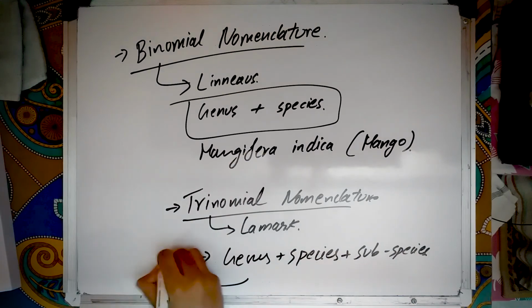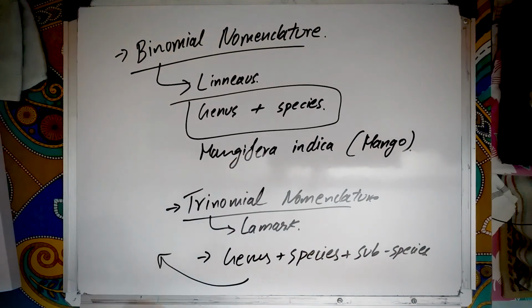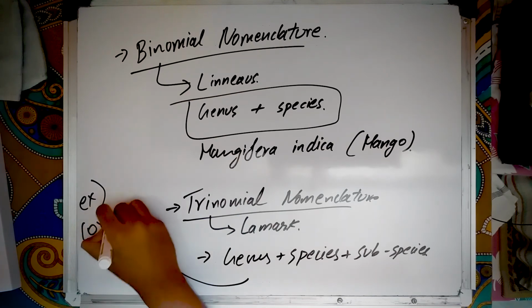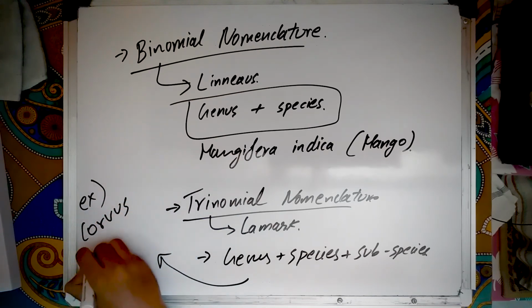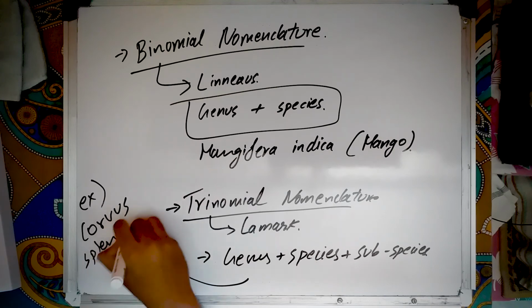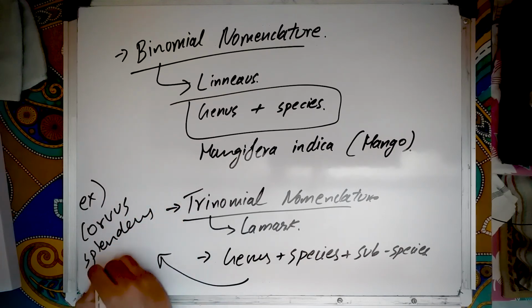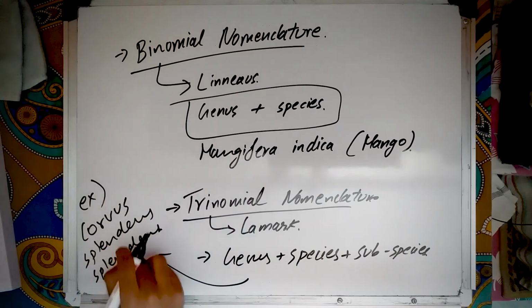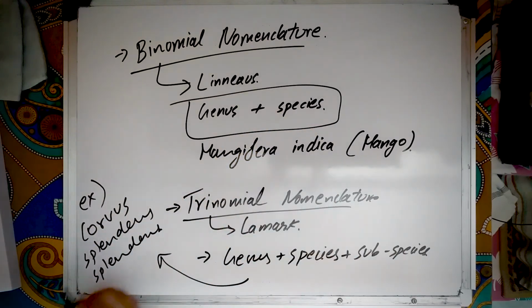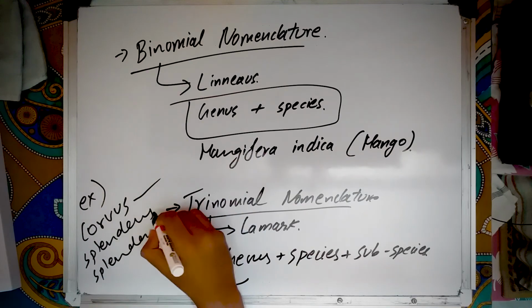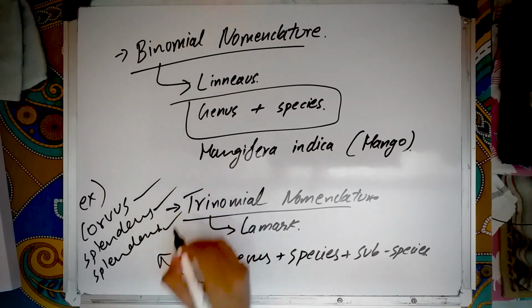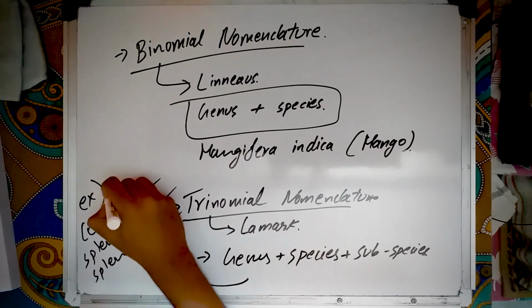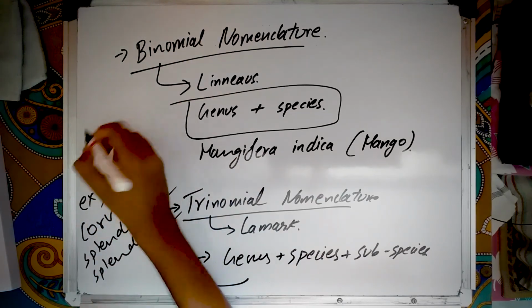For example, Corvus. It shouldn't be one after another, it should be in a straight line. See, this is the generic name, this is the species name, this is the subspecies name. The common name for this organism is Indian crow.